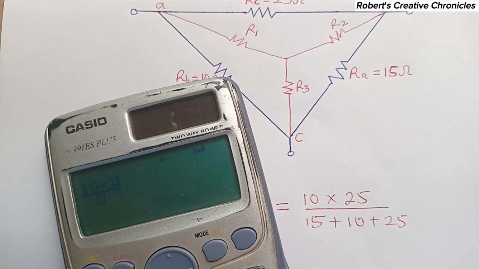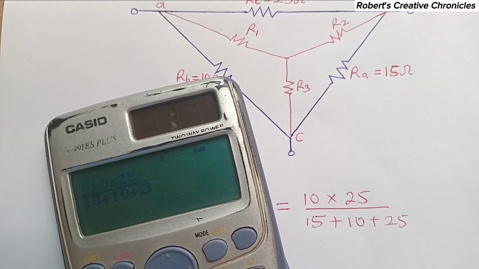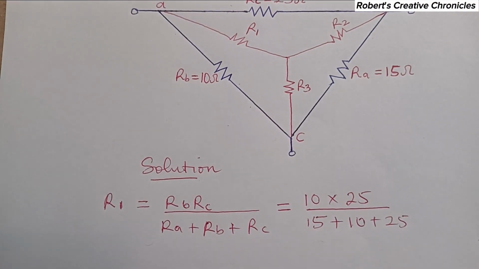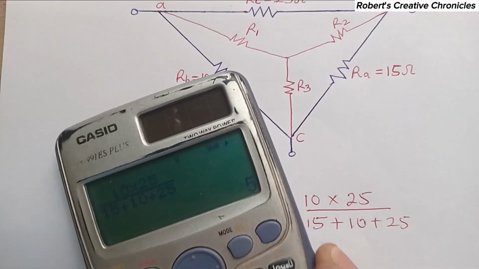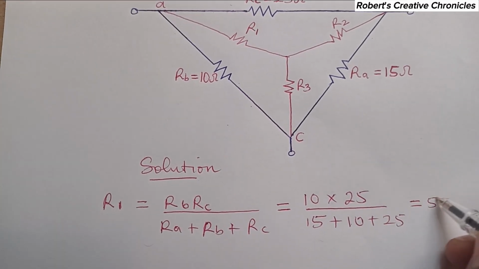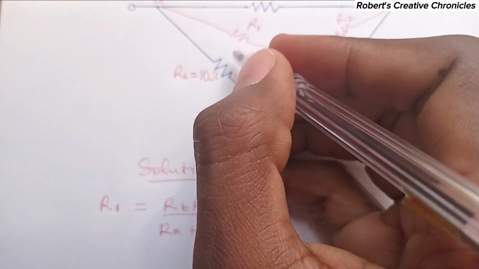Ten times 25 over 15 plus 10 plus 25 is 5. So this is 5 ohms. So R1 now is 5 ohms.